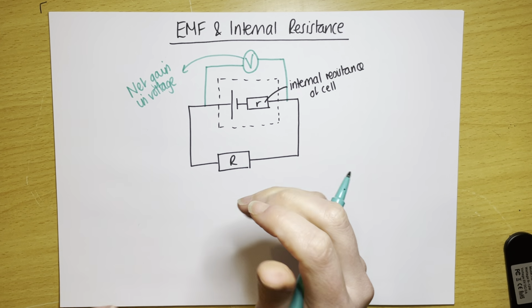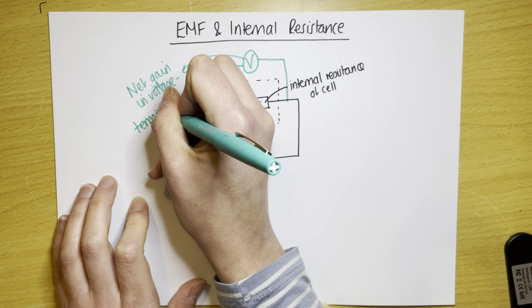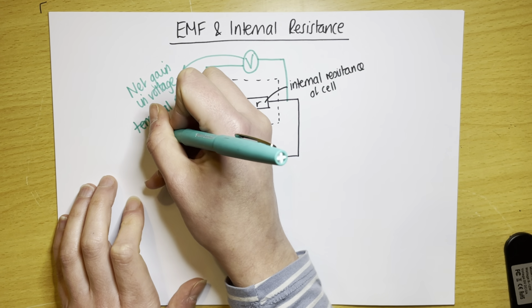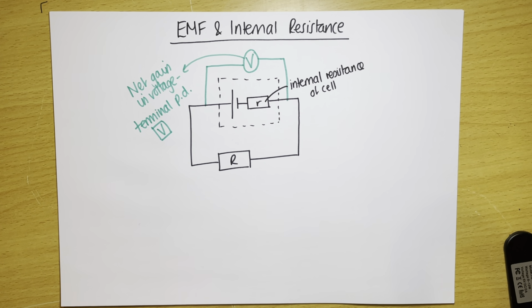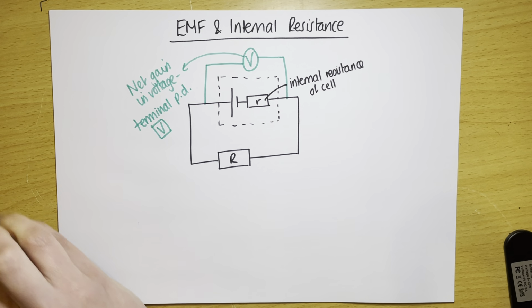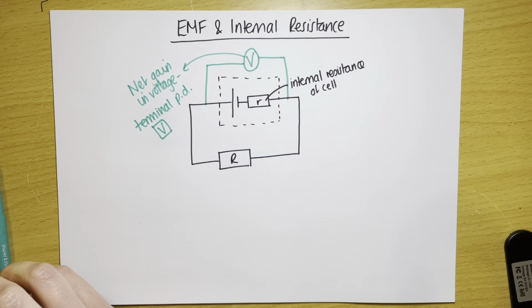That net gain in voltage is called the terminal PD, and it has the symbol V, which I'll put in a box. The terminal PD is the net gain in voltage as a coulomb of electrons passes through a cell, and it has the symbol V.